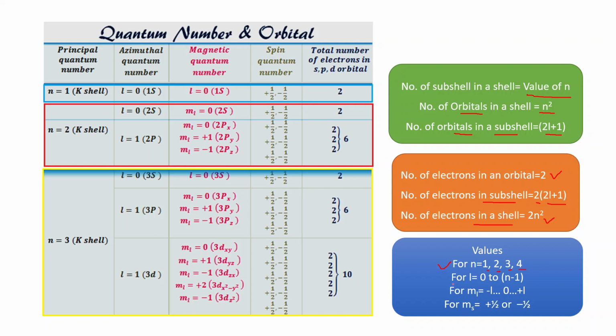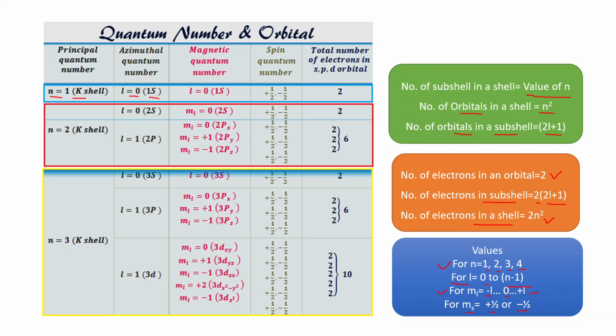For the azimuthal quantum number, that is l, this is from 0 to n minus 1. And for ml, this is minus l, passing through 0, and up to plus l. And for the spin quantum number, it is +½ or -½. Now again you can see this table. For n equal to 1, the K shell, there is 1 subshell having the l value 0, and this is 1s.